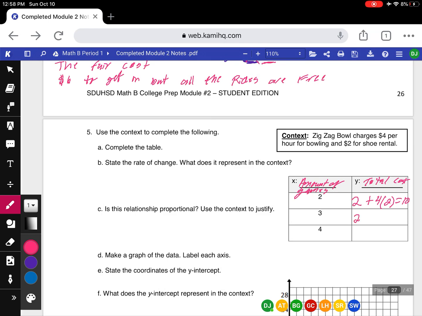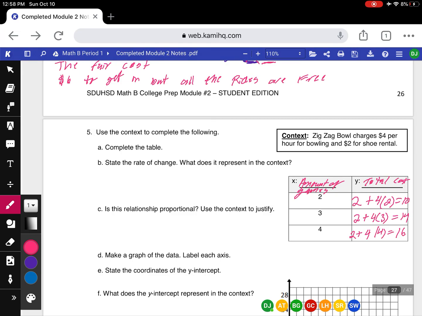So if we played 3 games, we still pay $2 for a pair of shoes, plus $4 per game, for a total of 14. Play 4 games for a total of $16.